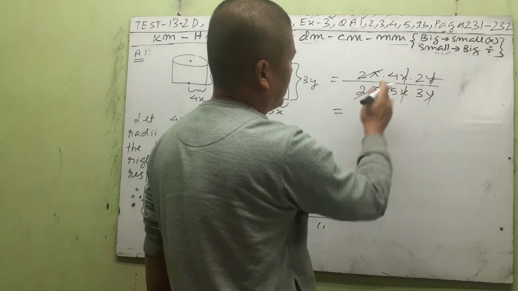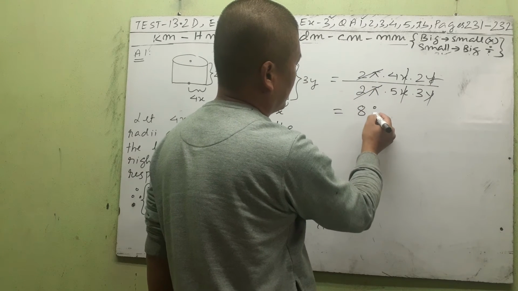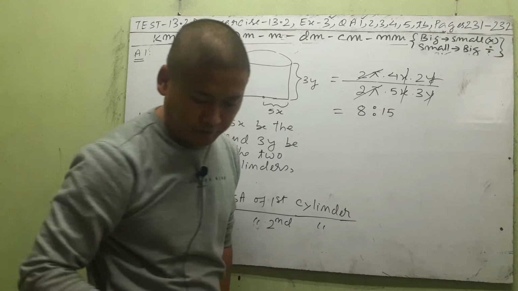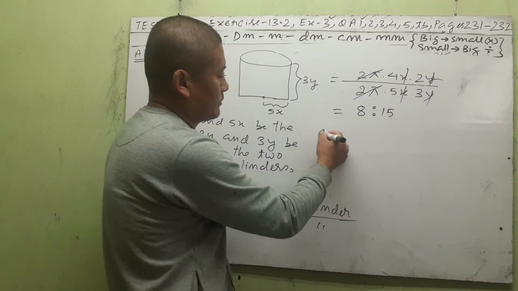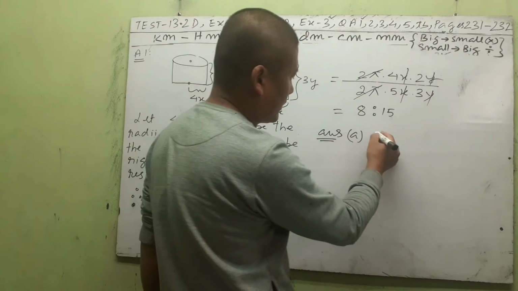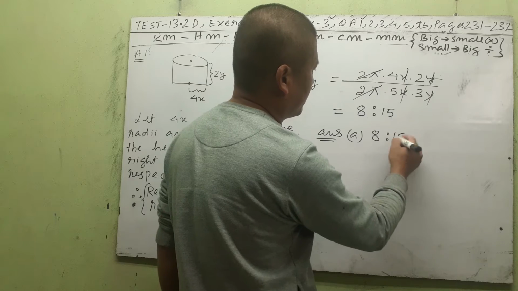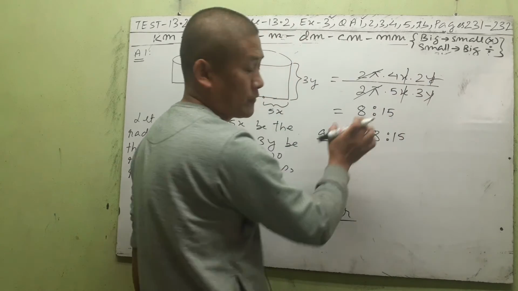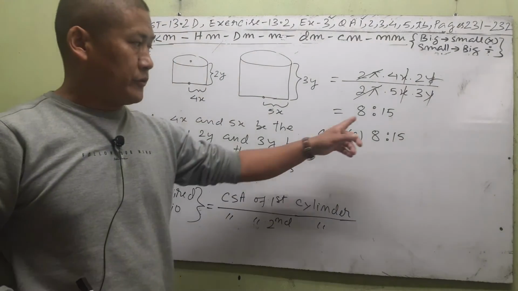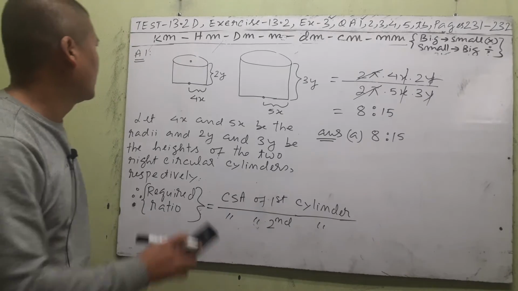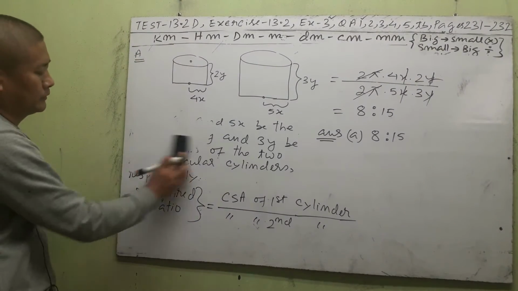So 4 2s are 8, divided by means it is 2. 5 3s are 15. So our answer that matches in the multiple choice is A, which is 8 is to 15. 4 2s are 8 by 15. 8 divided by 15 in ratio form can be written with a double dot, 8 is to 15, and read as 8 is to 15.